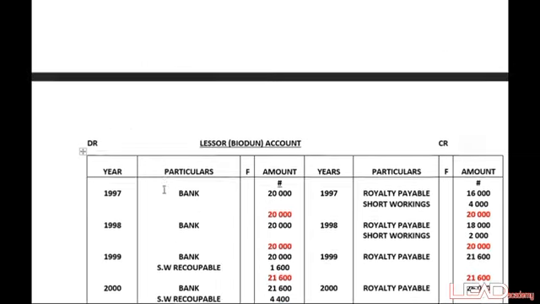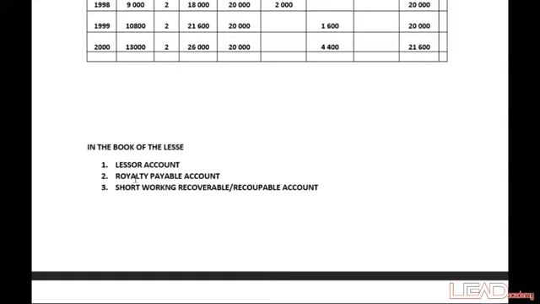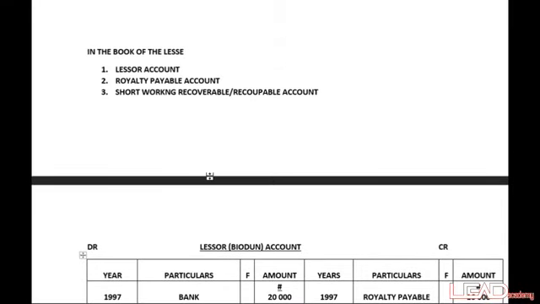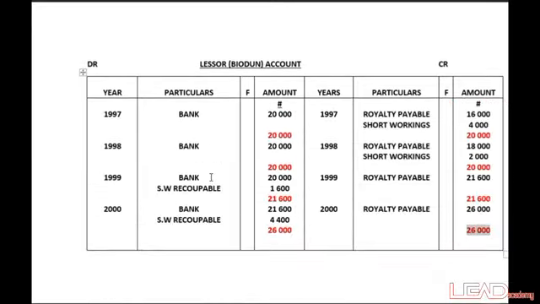The next thing to do now is to create your royalty payable account. In a royalty payable account, you debit the landlord or the lessor, any of which you want to use, which is Biodun. You debit his account and you credit profit and loss account because it's an expense on your end. You are paying a rent, so it's an expense.